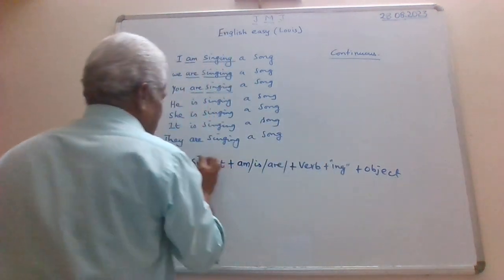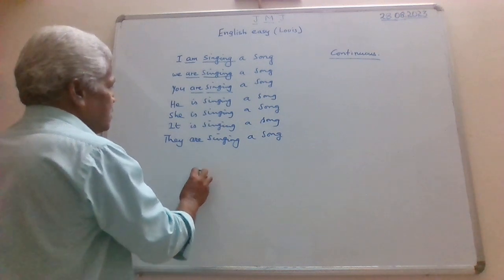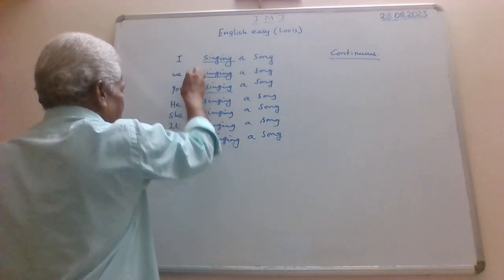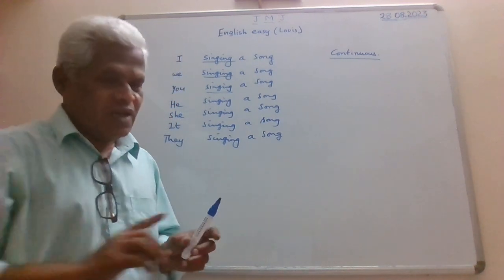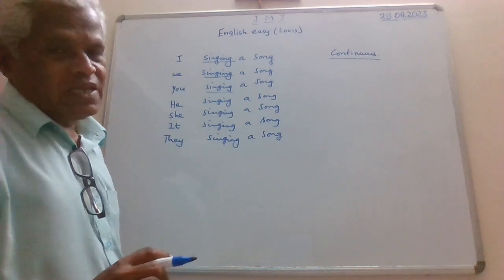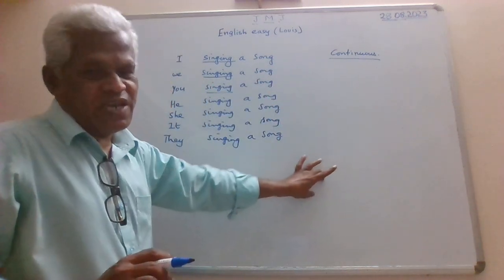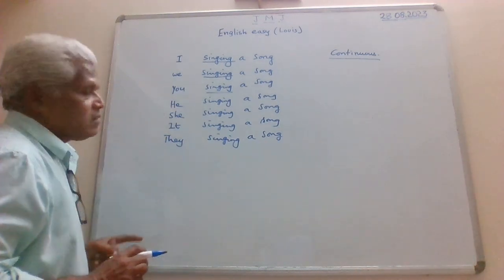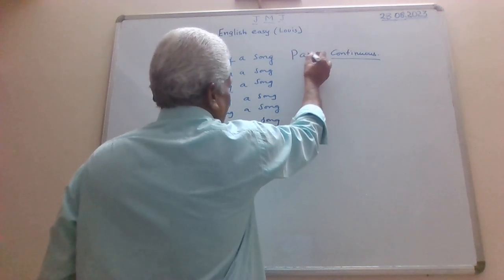Next tense. What is that? After present continuous tense, we are going to change only the auxiliary verb, and then of course there will be a slight change in the formation of the verb there. Okay, now past continuous tense. Let me write the name of the tense here.